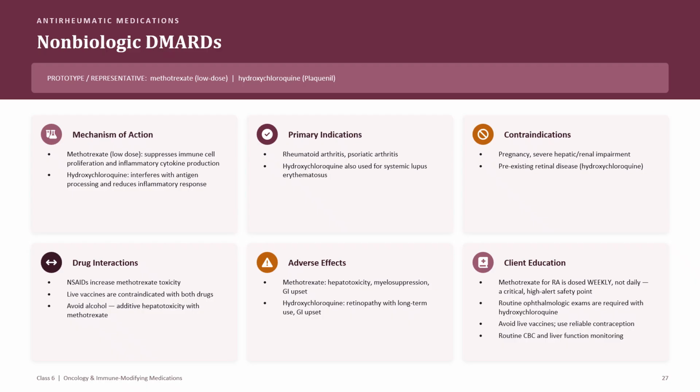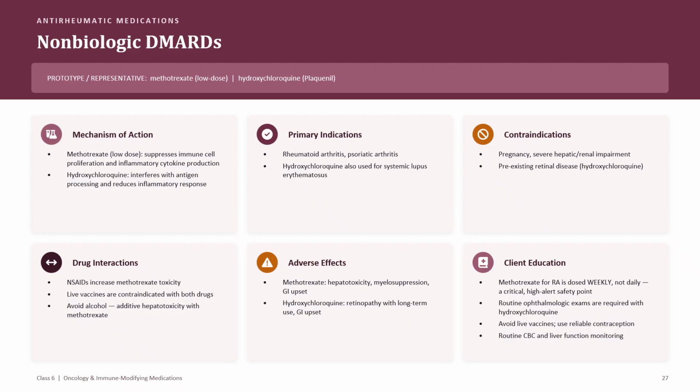Now, the single highest stake safety point in the entire lecture, and I mean that literally, so I want you to pay attention. Methotrexate for rheumatoid arthritis is dosed weekly, not daily. This is a high alert medication precisely because of that dosing schedule.